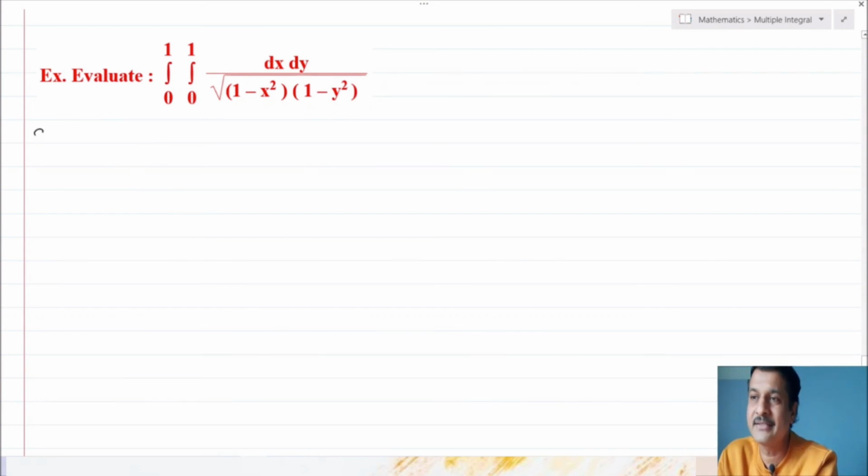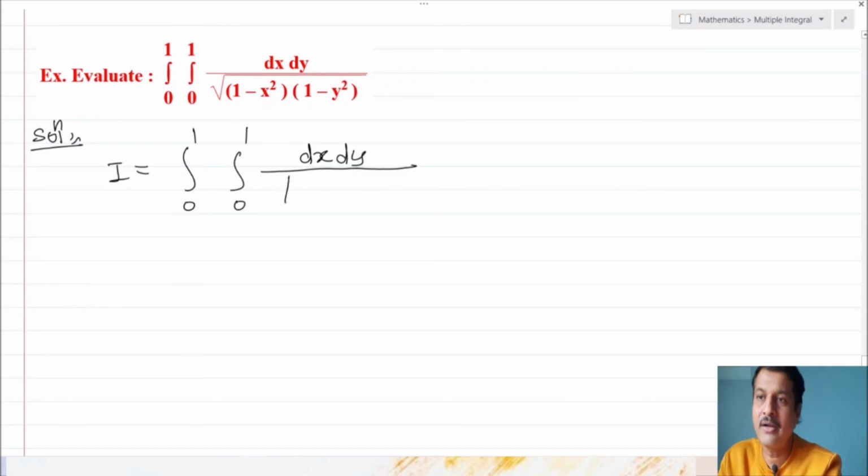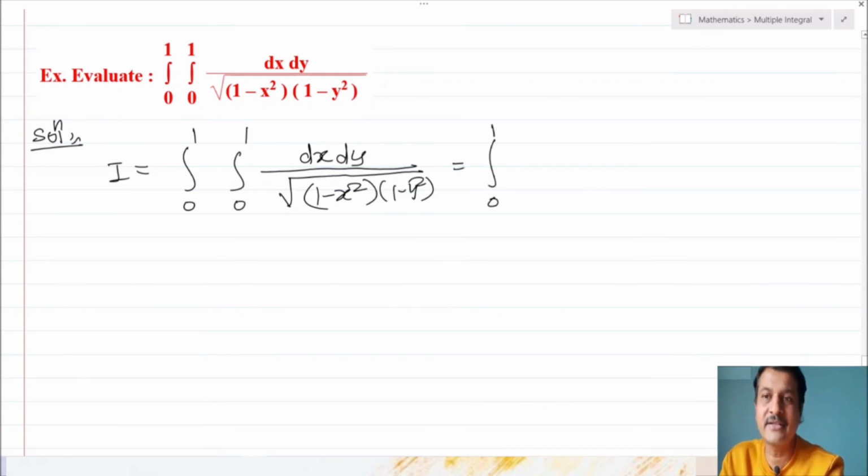So again a similar solution. You consider I as the integral, integration 0 to 1, integration 0 to 1, dx dy, under root of 1 minus x square into 1 minus y square. Note that I can write the same thing as integration 0 to 1, integration 0 to 1, dx dy, and I can separate this as under root of 1 minus x square into under root of 1 minus y square.